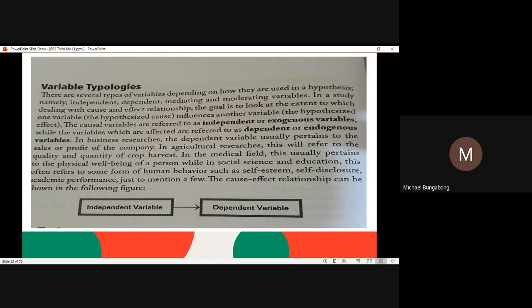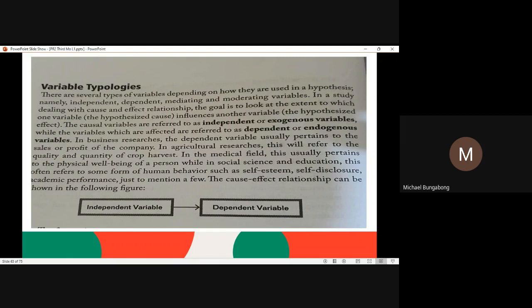Aside from business, we do have agricultural researches. So what do you mean by that, no? What is the dependent variable pag pinag-uusapan natin ng agriculture? Siyempre, pumapasok lagi diyan yung quality at quantity ng mga crop na na-harvest mo, no? What is the quality and quantity of your harvest, and it matters, no, the fertilizer.